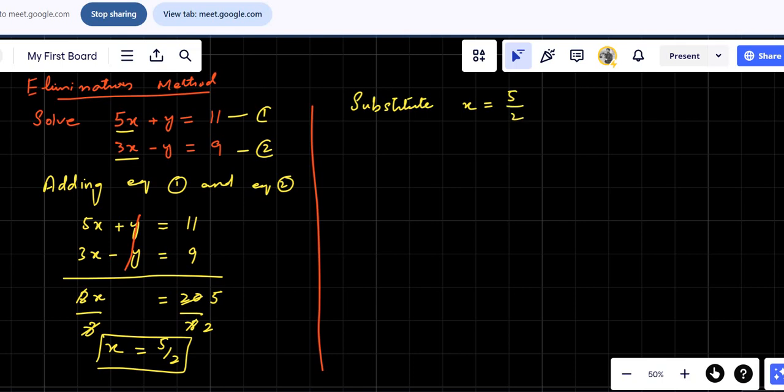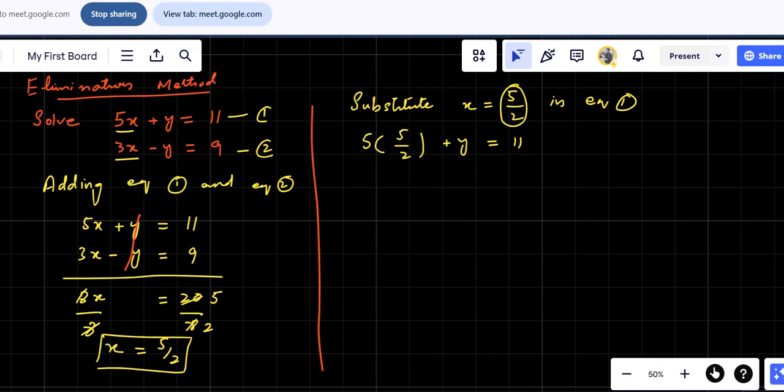Let's say we substitute x equals 5 upon 2 in equation 1. So 5 times, just replace x with this value, 5 times 5 upon 2 plus y equals 11.